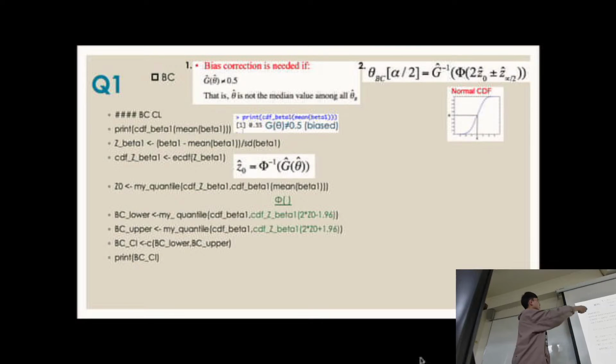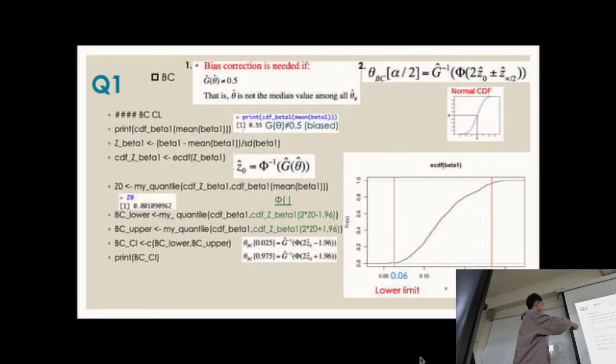So following this formula, we have to know Z0, and Z0 is equal to the inverse phi of the G function of theta hat. So I do the normalization of my beta 1 to Z score, and to get the phi function, this.